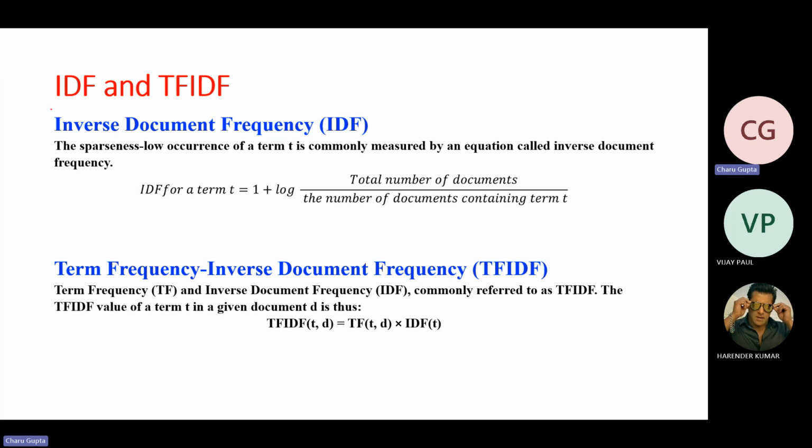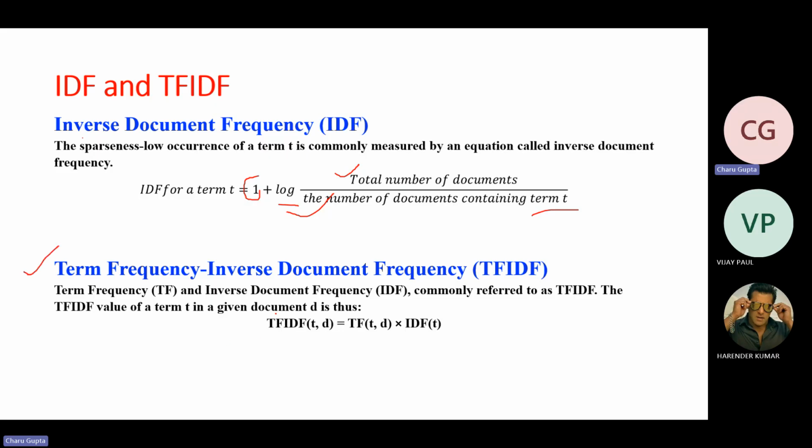It is defined as 1 plus log of the total number of documents over the number of documents containing the word T. The second term is TF-IDF, term frequency and IDF.